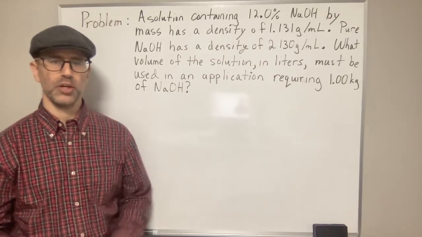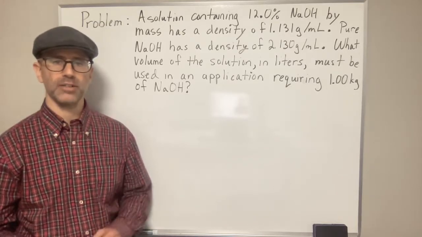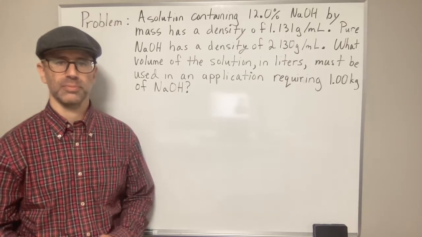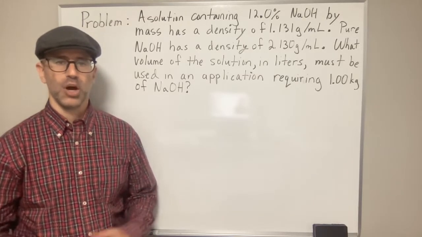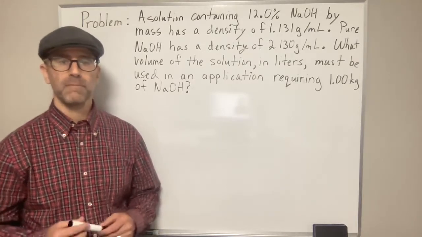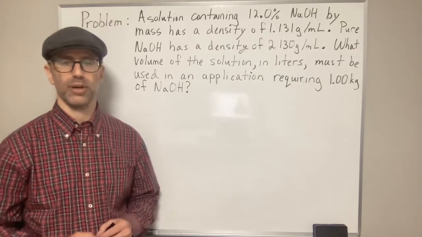My name is Mr. Kovalt, and in this video I'm going to go over how to solve this problem using conversion factors using the information that they've given us in the problem. In this problem, they want us to find the amount of volume in liters of a given amount.